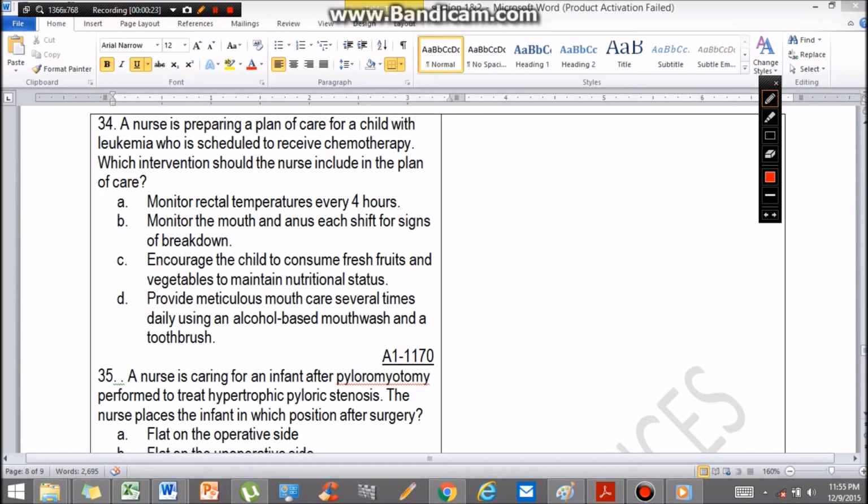Now, to find the right answer, let's go back to this equation. The client has leukemia, and a client who has leukemia has low platelets and has immature WBCs. And to cut it short, the client is prone to what?